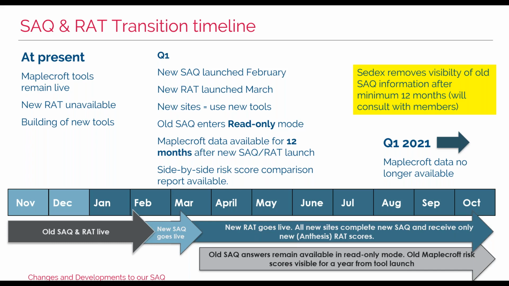What this means is essentially you will be able to access old SAQ reports and old risk scores through the old risk tool for a year, but it just won't update with any new information going into that tool.